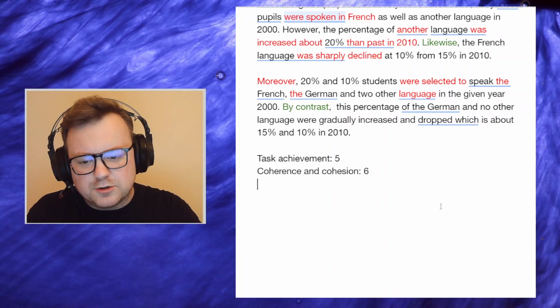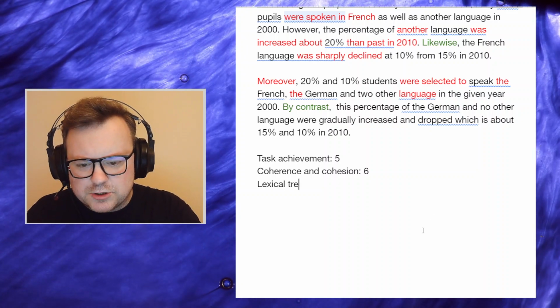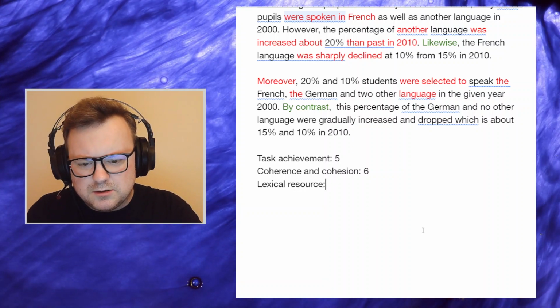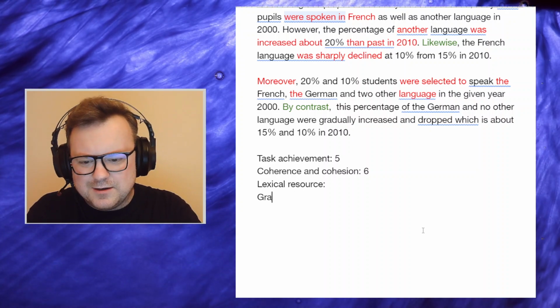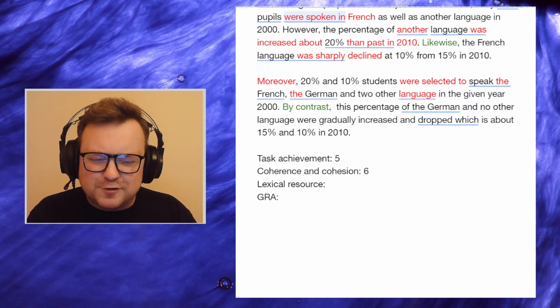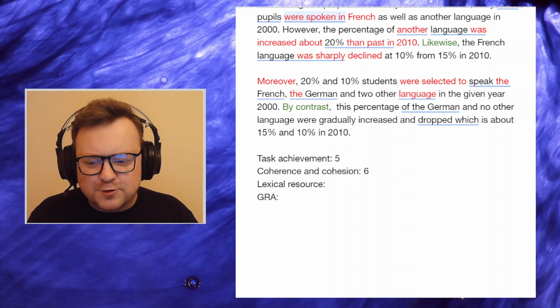for coherence and cohesion, but I don't think we're going to get that for lexical resource. So let's take a look back to this. I know with the grammar, could I really say this? It's bad enough for a 4 for the grammar. Again, I'm just going to go back and check the band descriptors for this.